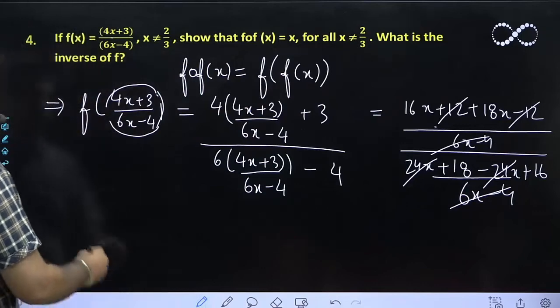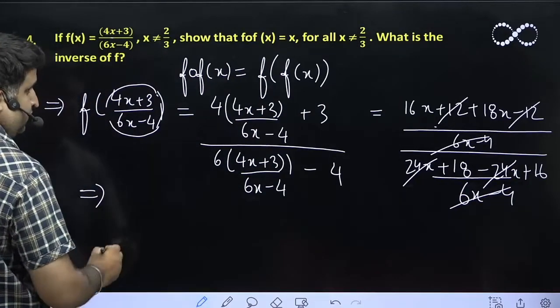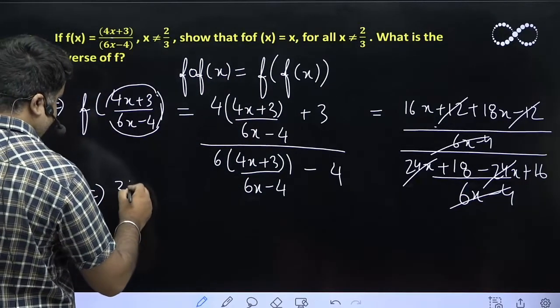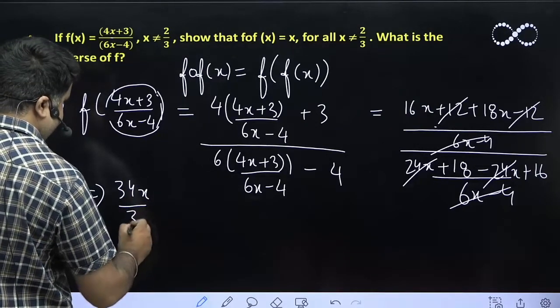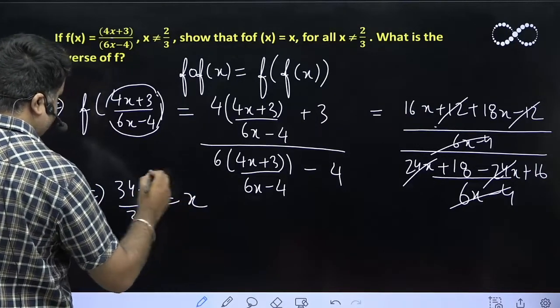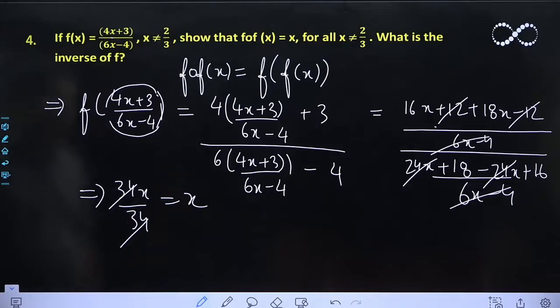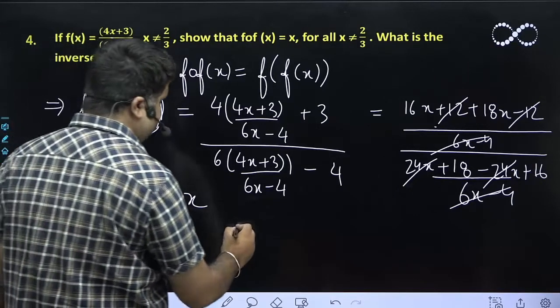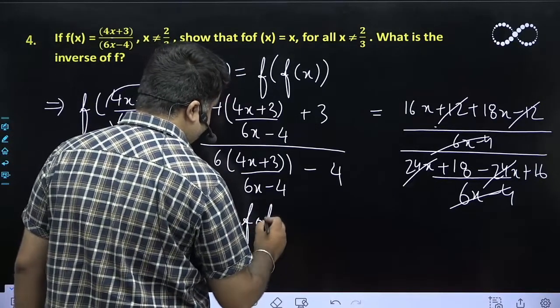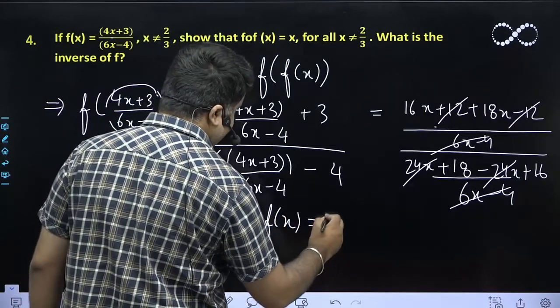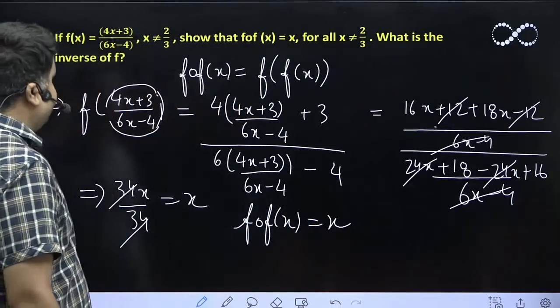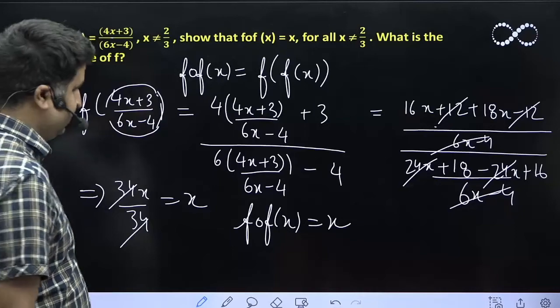You are left with 34x divided by 34, which is equal to x. So therefore, f of f of x is equal to x. Therefore, the inverse of f is f itself.